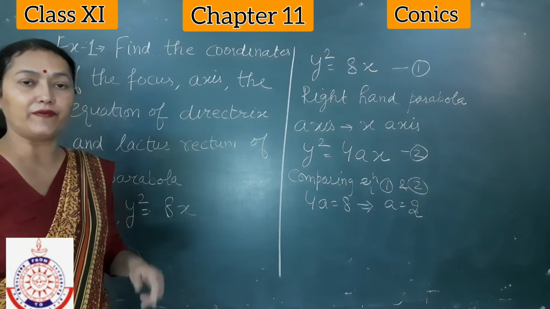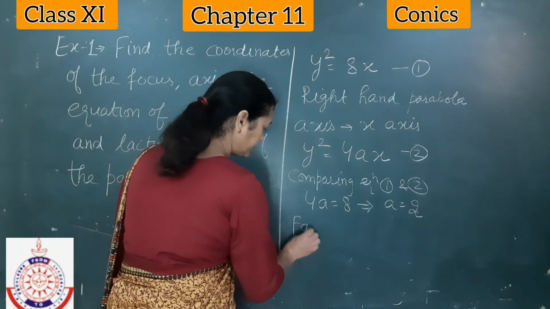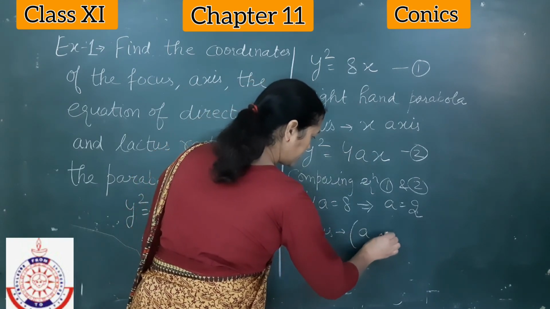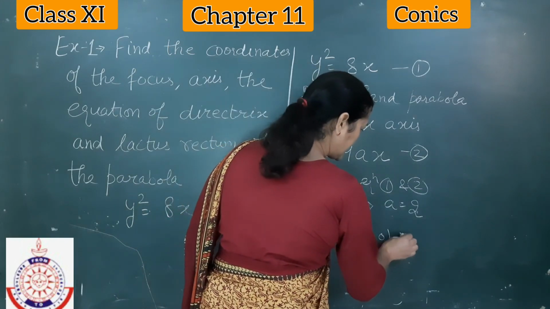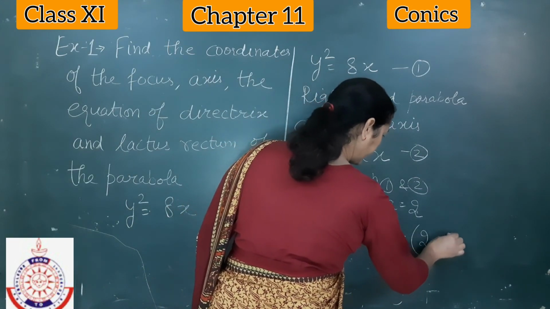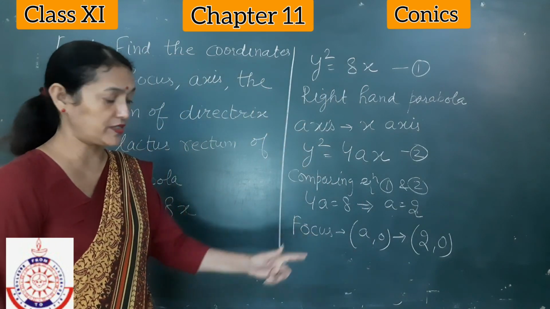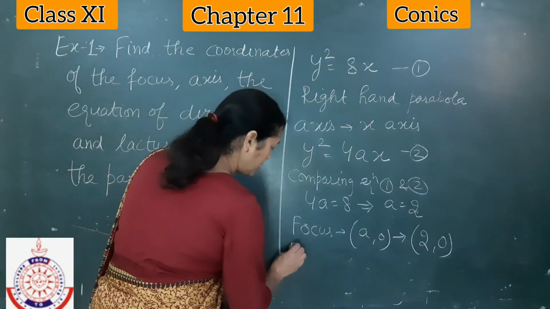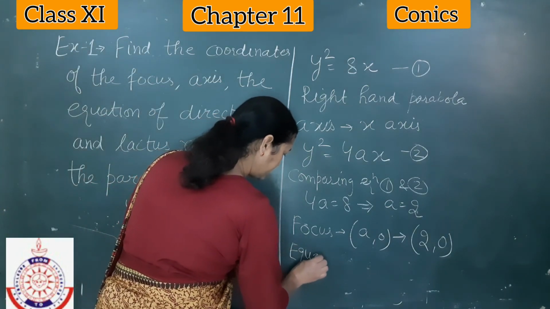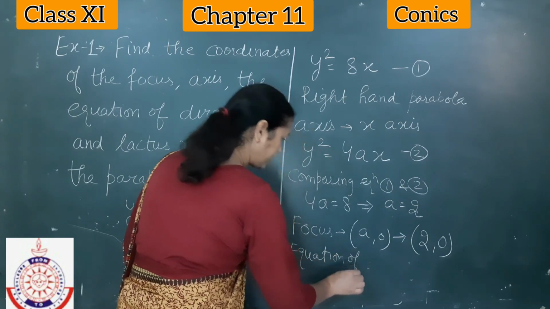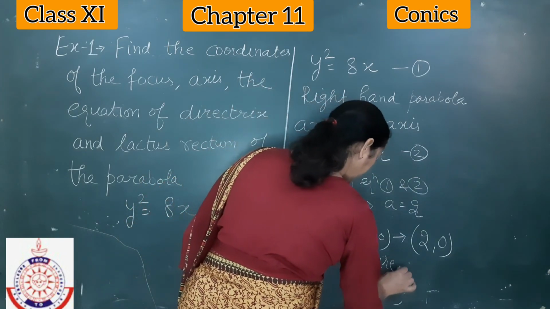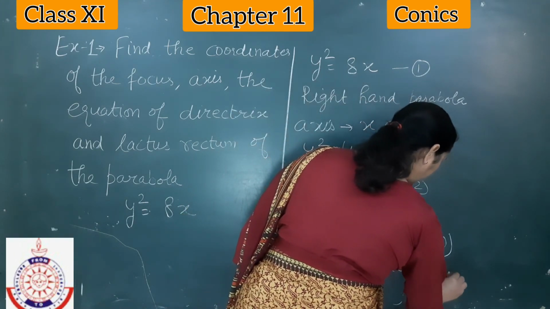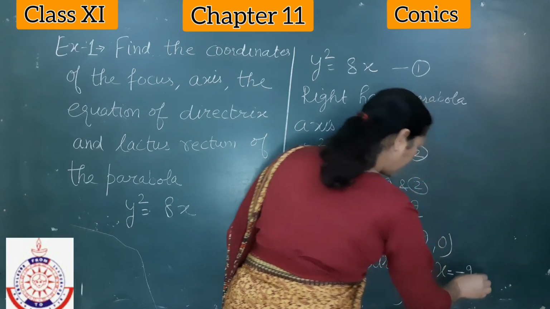For a right hand parabola, we have learned that focus is (a, 0). So here we will be having focus as (2, 0). Coordinates of focus are 2 and 0. If focus is positive, directrix will be on the other side, the negative side. So equation of directrix will be x equals -2.